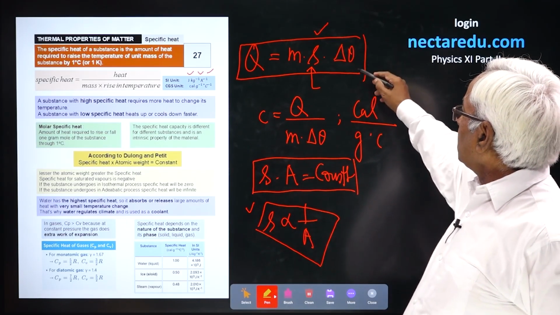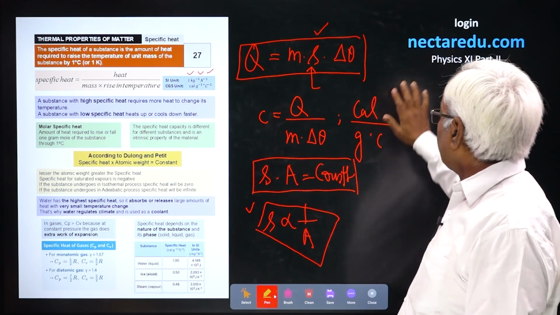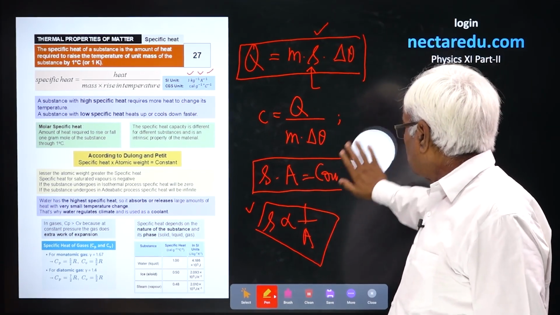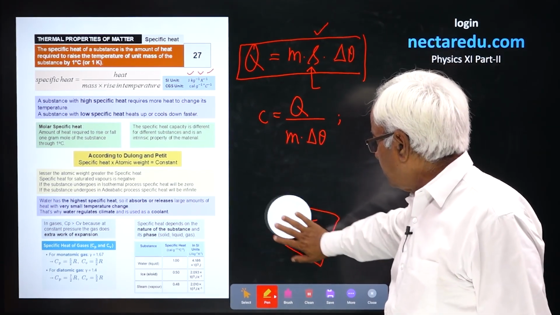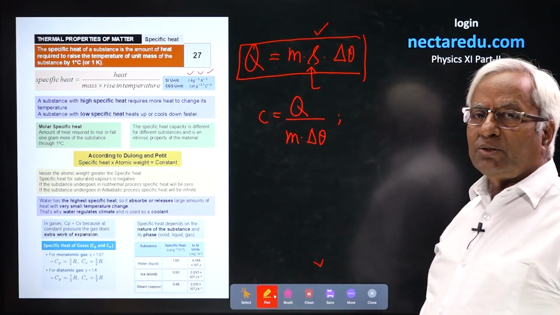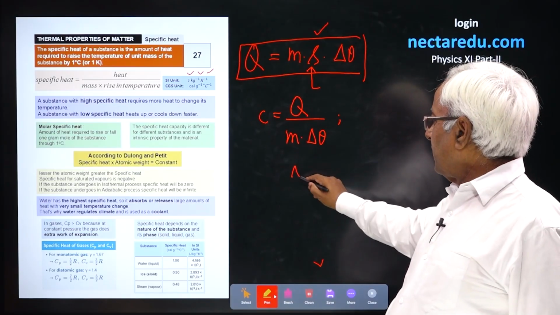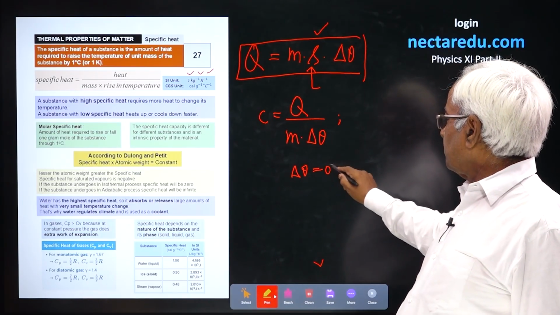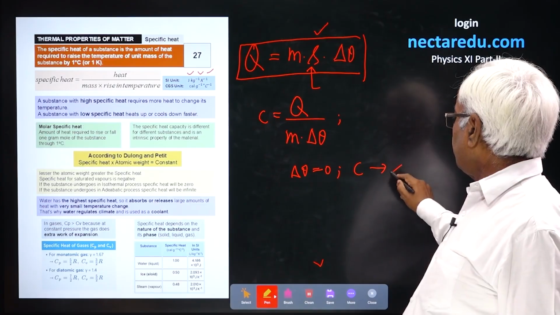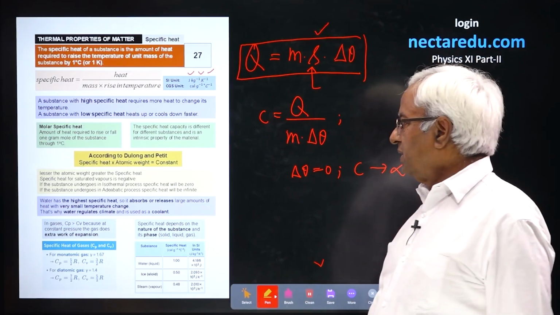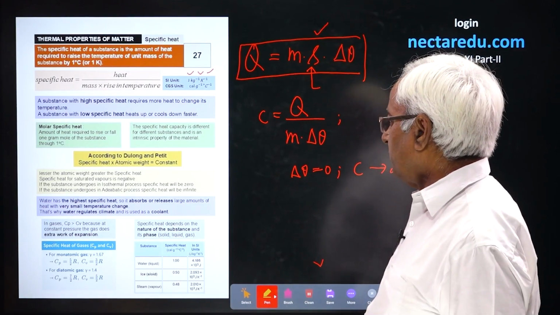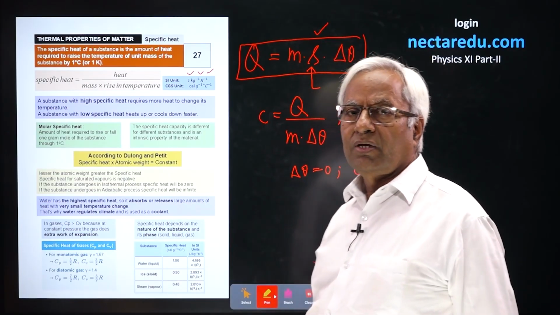If the process that you are choosing is isothermal, thermal means temperature, iso is equal. Isothermal process means no change in temperature, and when delta theta is taken 0, C would become infinite. Then the other process will be the adiabatic process.